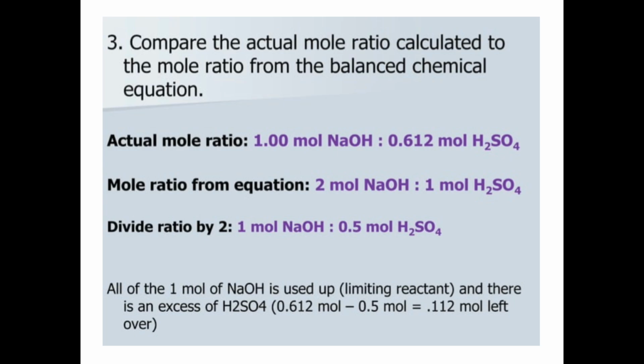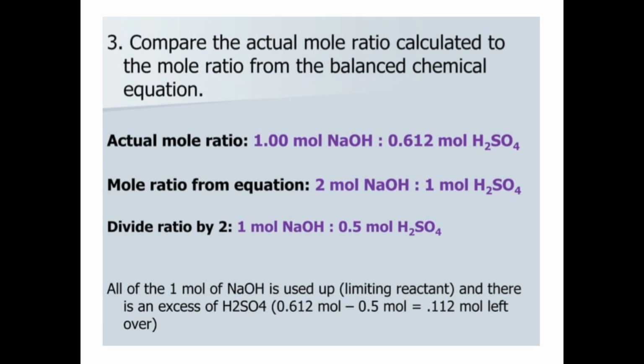Therefore all of the 1 mole of NaOH is used up, and there is an excess left of 0.112 for H2SO4. So NaOH is our limiting reagent, while H2SO4 is our excess reagent.